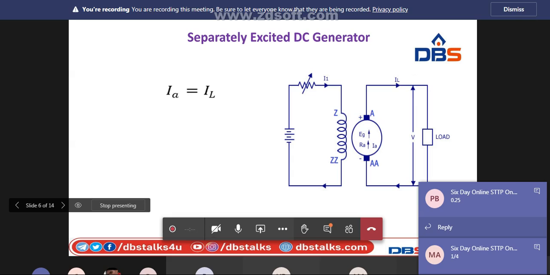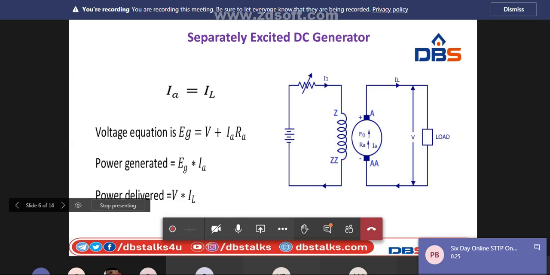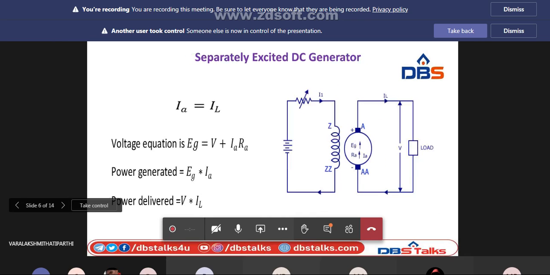Now apply KVL to the generator circuit. So voltage EG is equal to terminal voltage VT plus IARA.